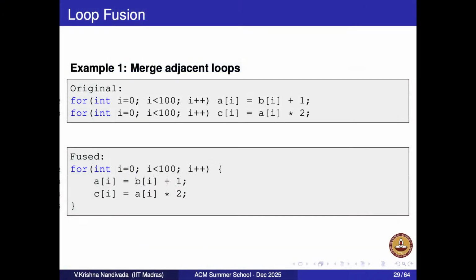So here, look at it. Is there dependence between them? Yes, there is a dependence. The second loop, iteration i, depends on the previous loop's computation in iteration i. In the previous loop, let us say I have written to a sub 2. That updated value should be used here. If I fuse, am I using the same updated value or the old value?